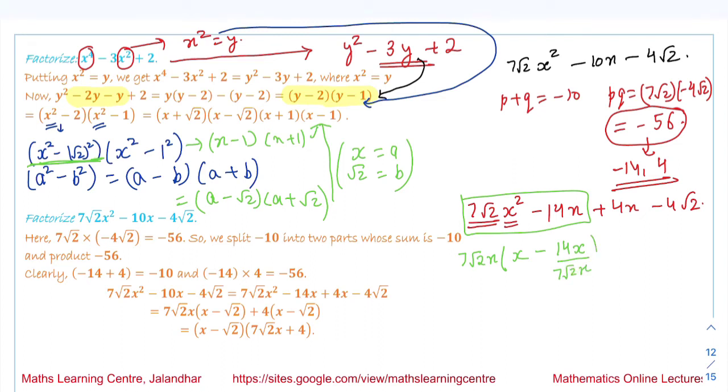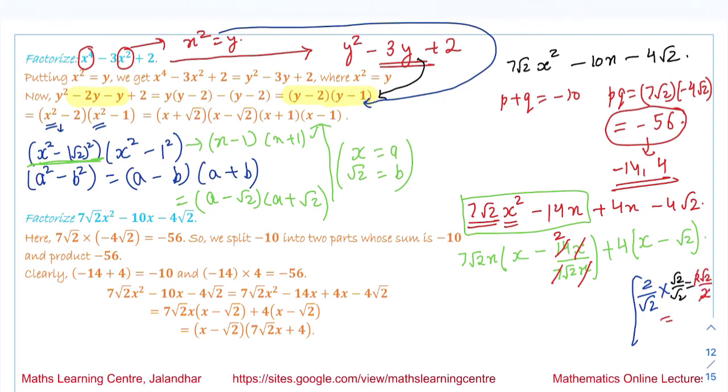We have taken this common, so you just divide this, plus from the next two terms you can take 4 common and it is x minus square root of 2. Now from this term x gets cancelled. This is 7 to the 14 and we are left with 2 over square root of 2. When you rationalize this term, it is root 2 over root 2 and the answer you will get is 2 root 2 over 2.